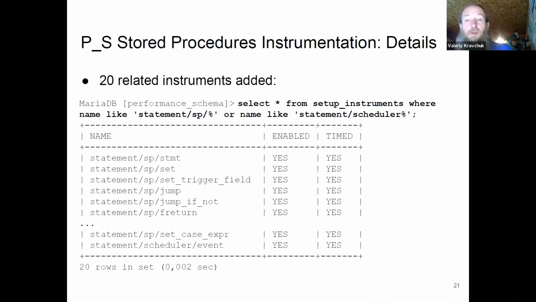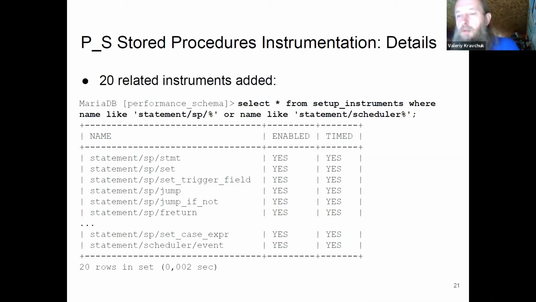Okay, probably it's a statement inside the stored procedure, set, probably some assignment, set trigger field, maybe assignment to a new correlation name to the column. But jumps, what are these jumps? Case expression, what are they? We do not see them in the stored procedure language.